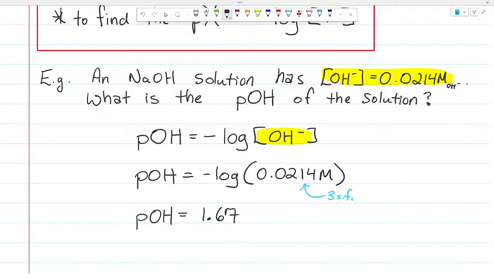1.67. Now, another note. No units. Why? The unit's been built in here. When you take the pH, whether it's pH, pOH, you'll learn later on to take pKa, pKb values, pKw values, you'll take all kinds of p values.